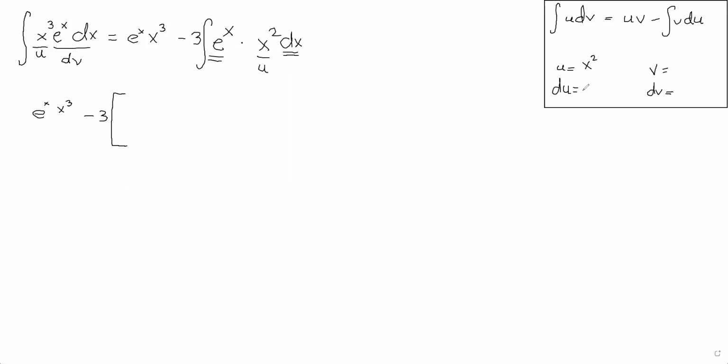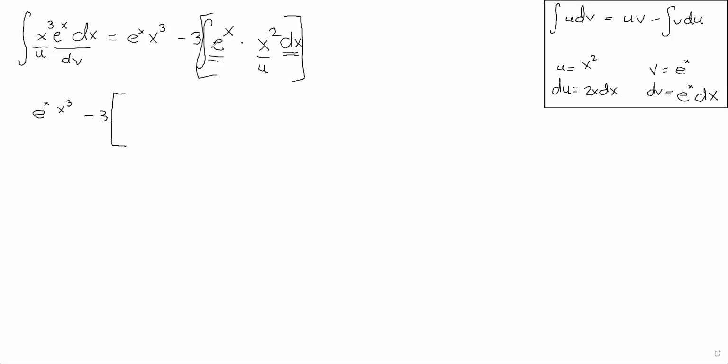So the derivative of u with respect to x is going to be 2x times dx. dv is all the double underline parts in the integral. That's going to be e to the x times dx. And then the antiderivative of e to the x is e to the x. So let's go ahead and substitute everything in. I put brackets around this entire integral right here.